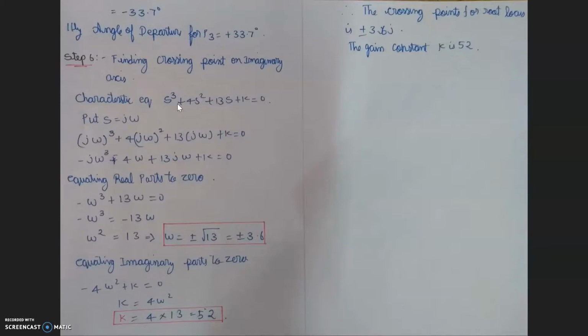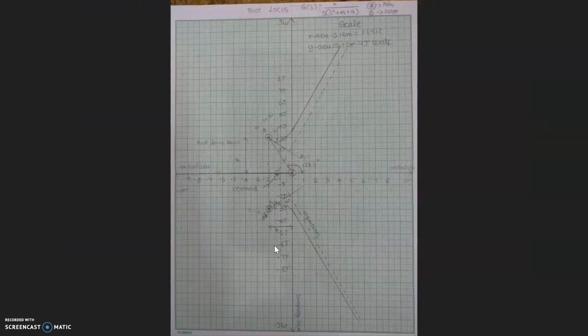So I am taking s equal to j omega and obtaining a certain equation, where I equate the real parts to 0 and get omega equal to plus or minus 3.6, and when I equate the imaginary parts to 0, I get the gain value K as 52. So from this I can easily draw the root locus plot.